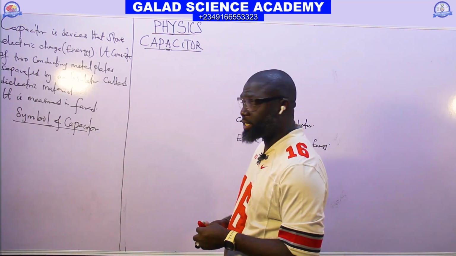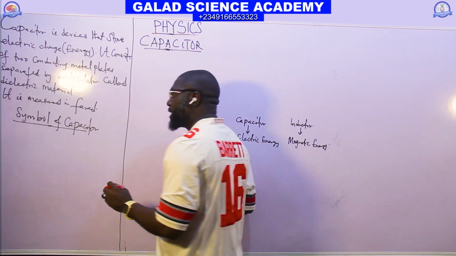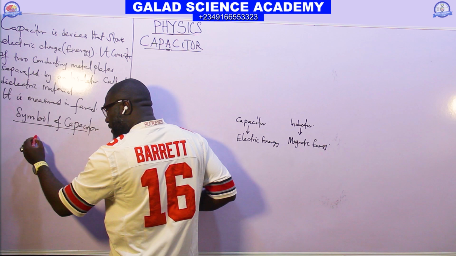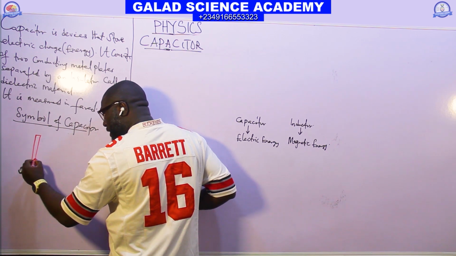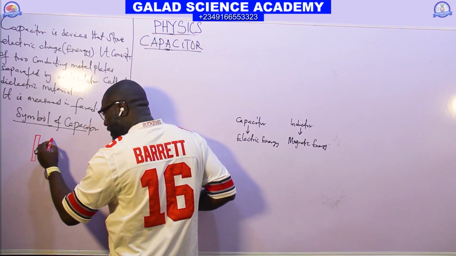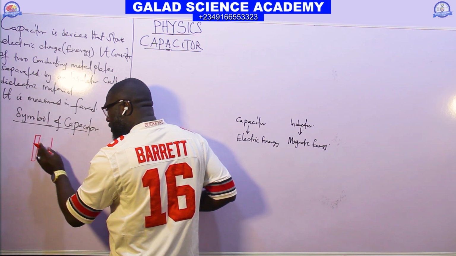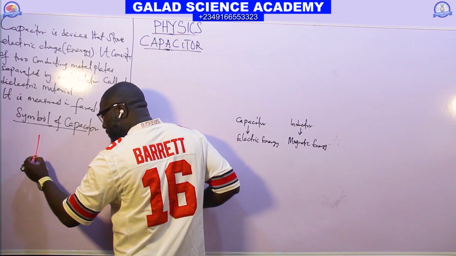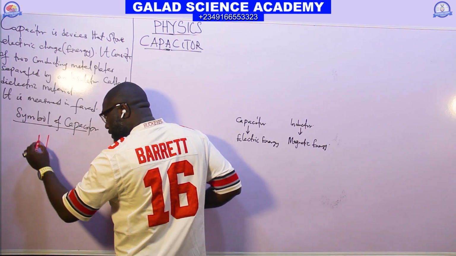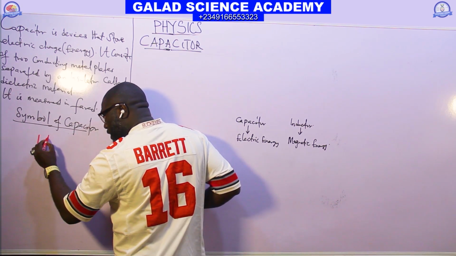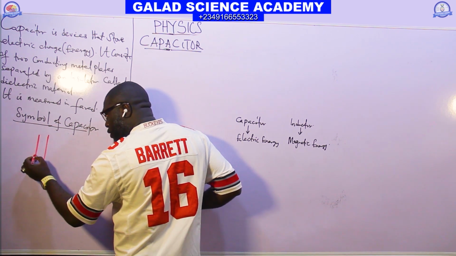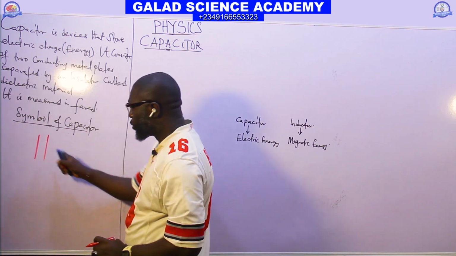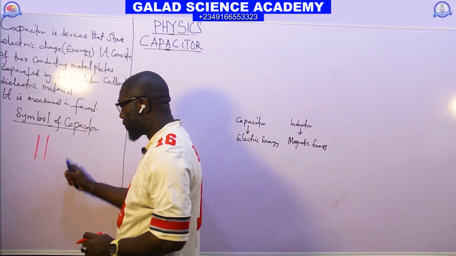Don't forget that I said a capacitor comprises two plates. This is the symbol for a capacitor, comprised of two plates of equal size. These are the two plates of the capacitor.